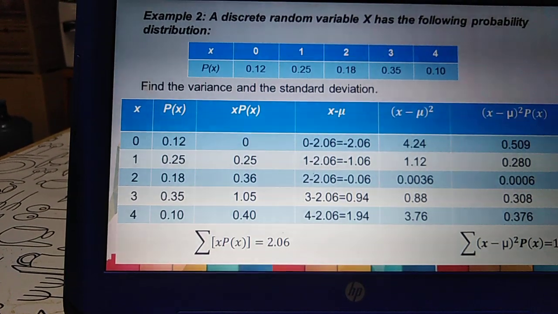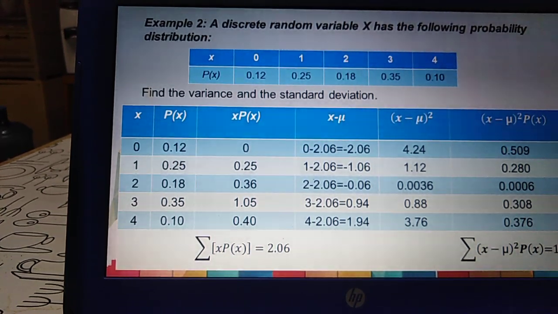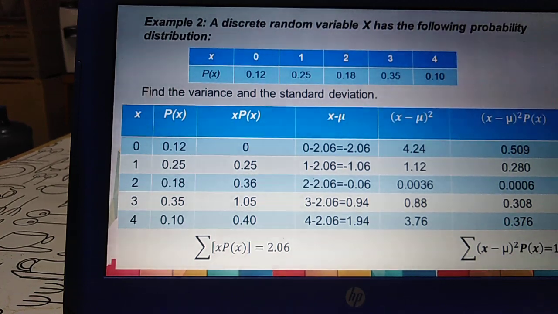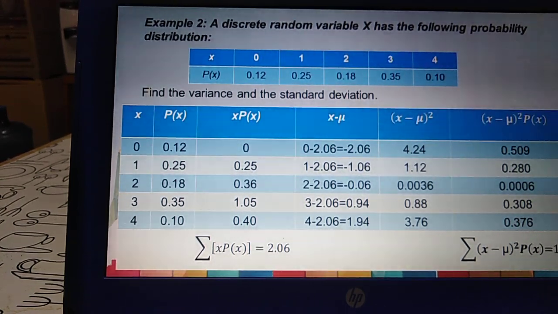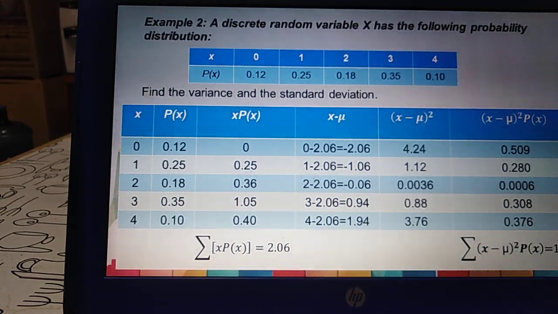And 3.76 multiplied by 0.1 will give me 0.376. I add everything, I get 1.47. This is now my variance. And the square root of my variance is my standard deviation.